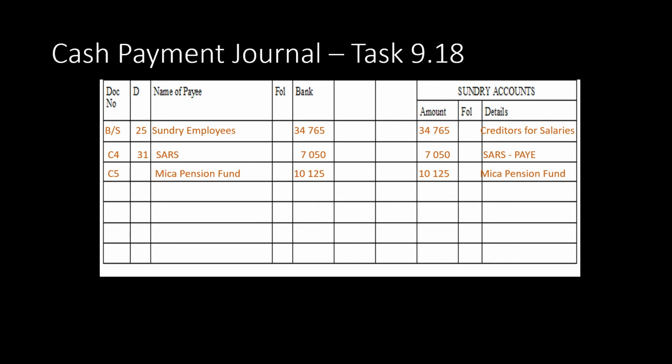So we are crediting bank and debiting what we're writing in our sundry accounts. All the accounts that we've written under the sundry accounts are being debited because we are now paying those liabilities. In our bank column, we are crediting because money is going out of the bank.